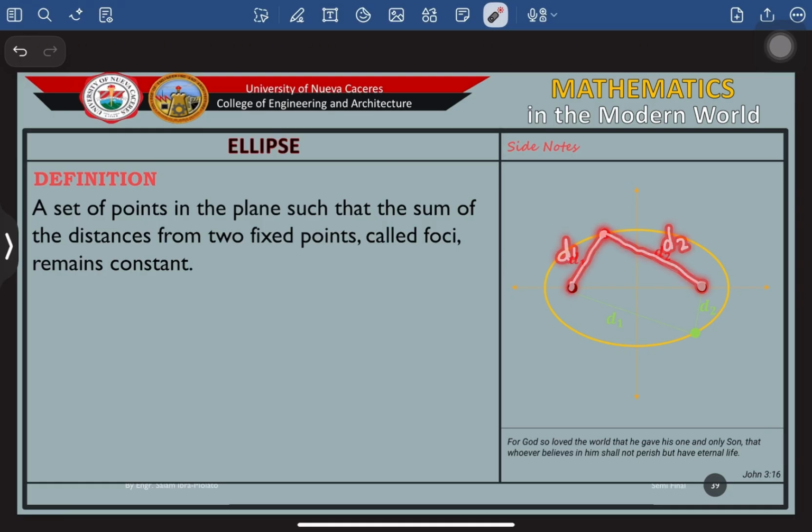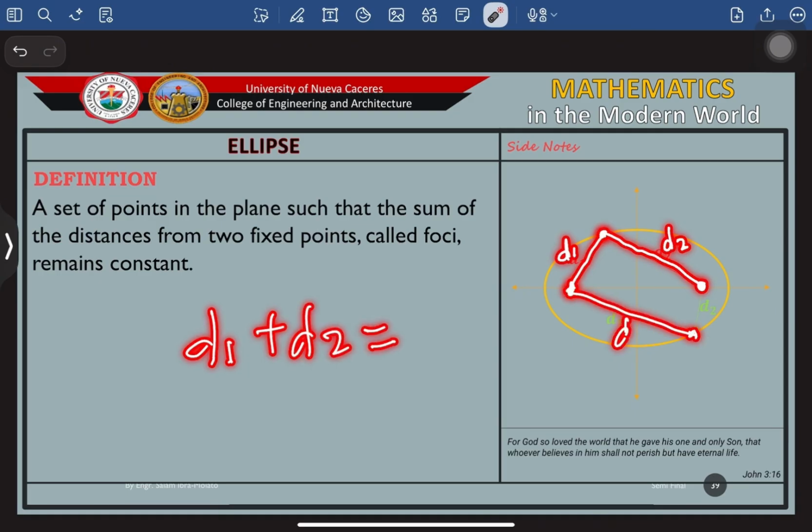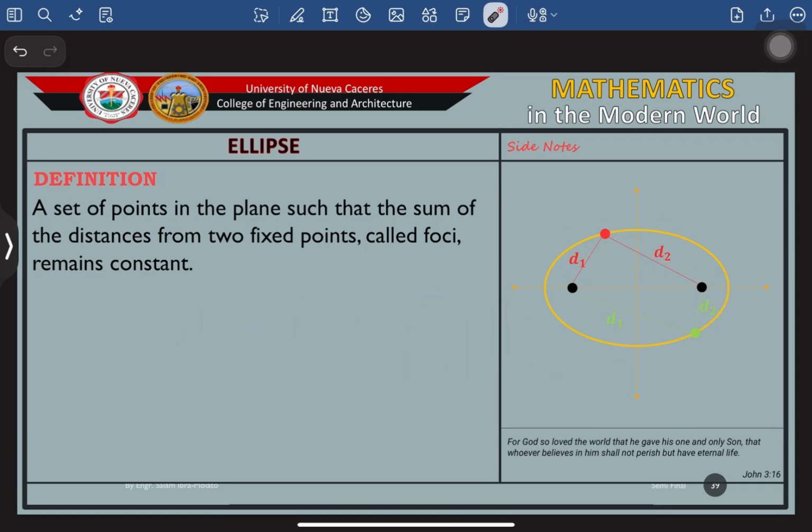So the summation of these two distances is also equal to d sub 3 and d sub 4. So, kaya yung mga distances na nasa loob po ng ellipse, yung summation nilang dalawa is pareho dun sa another summation ng distances.